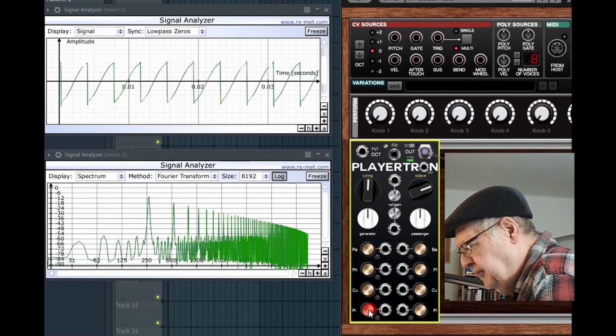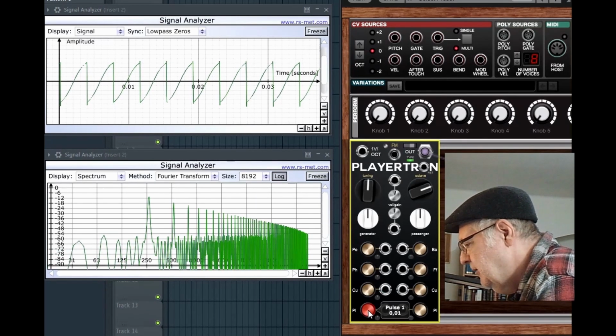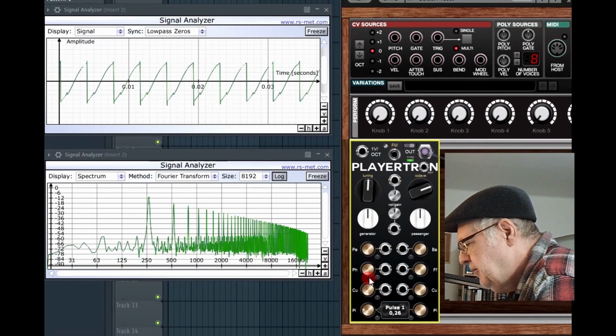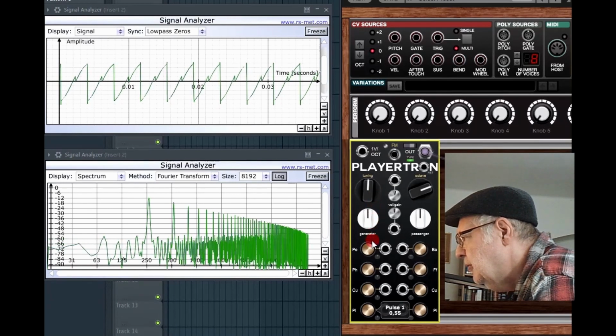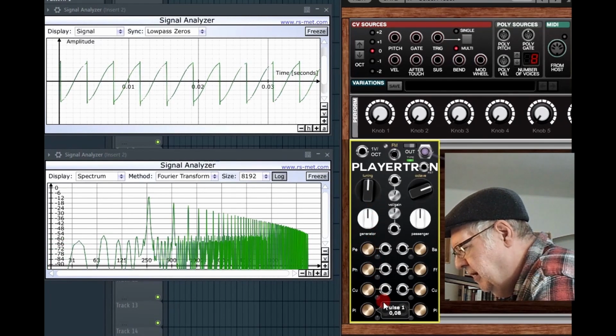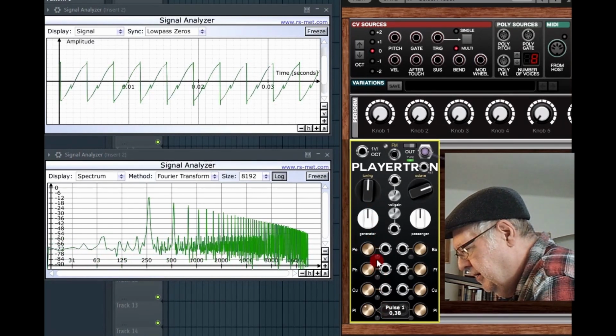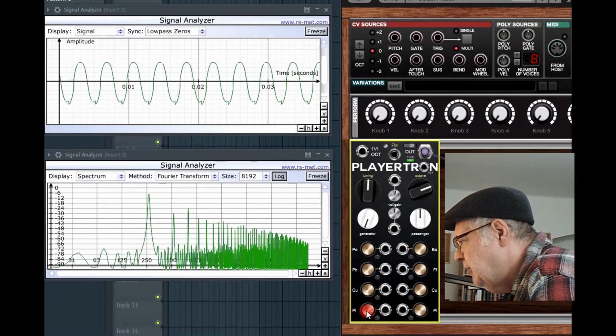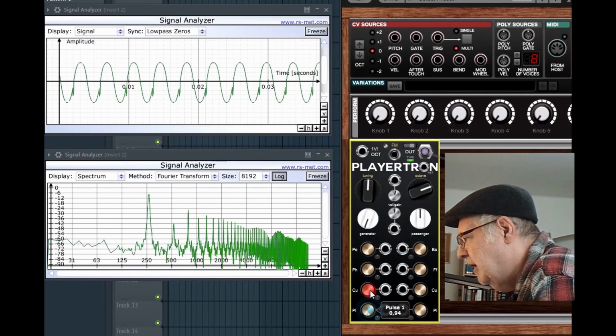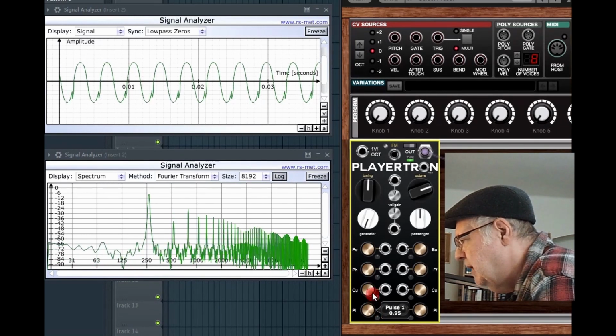And PL stands for pulse. Need to see what happens with pulse. And change back to sine wave like generator 1.